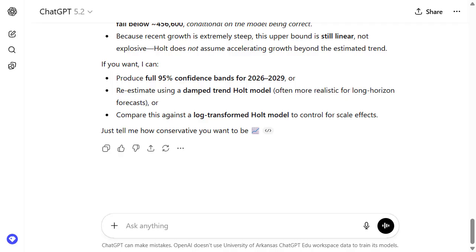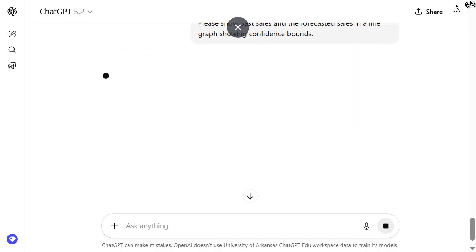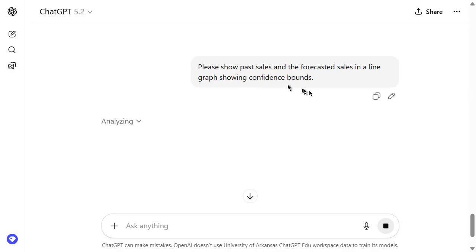Okay, the next thing we wanted to do is show the past sales and the forecasted sales on a similar line graph. We also wanted to show the confidence bound so we can see how reasonable these assessments are based on the past and what's expected in the future. This is a way to see visually what the trend looks like.